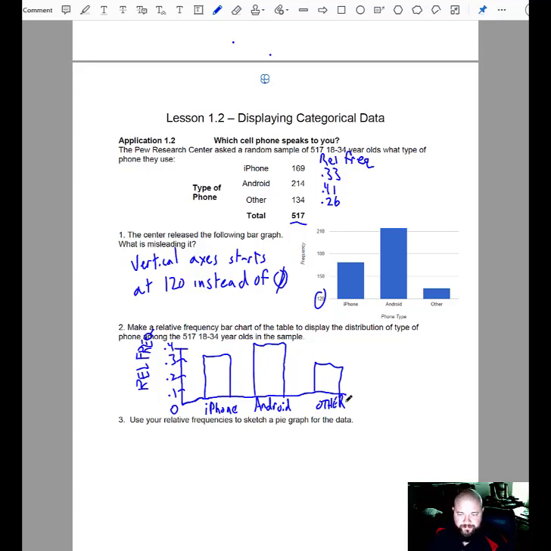And there you go. Alright, so the last one then says use a relative frequency to sketch a pie graph for the data. So with this, again, you've got everything labeled for your x-axis and your y-axis on your relative frequency bar chart. Now we just need to make a pie chart. Oh, that was way too small.